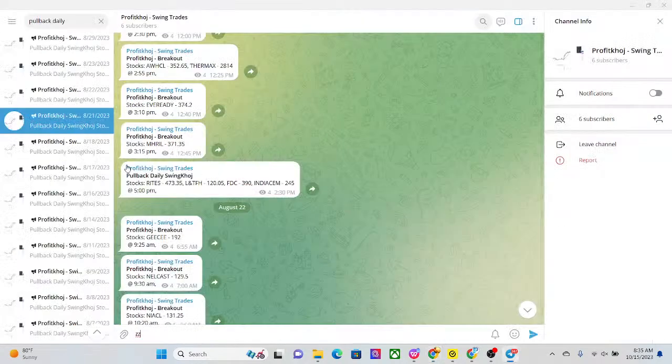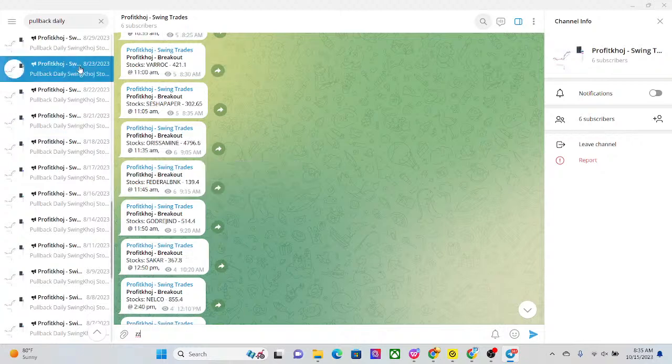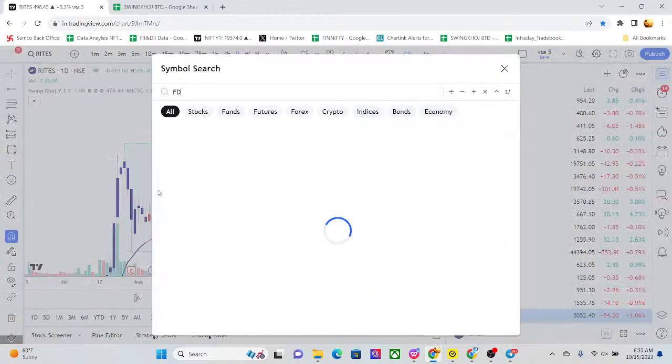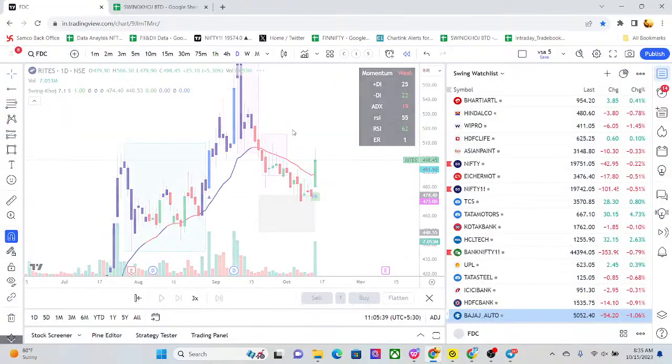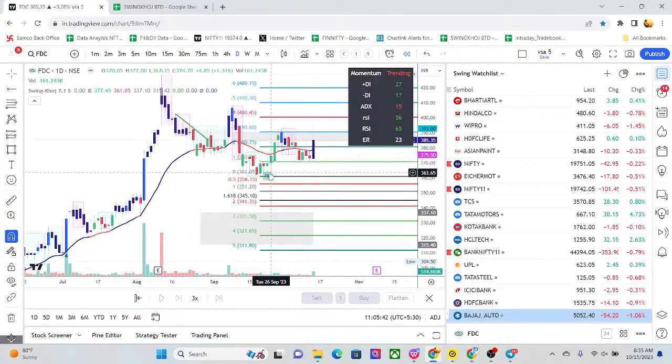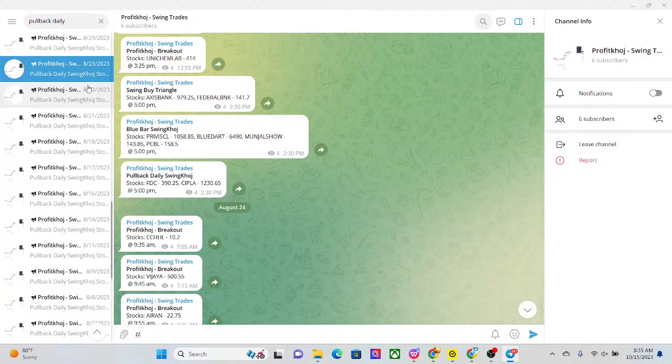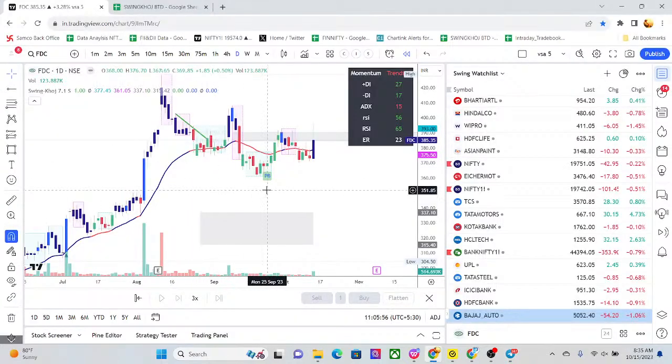Let's see some recent ones. Cipla, FDC. You can see here FDC, 23 September. This one, right?